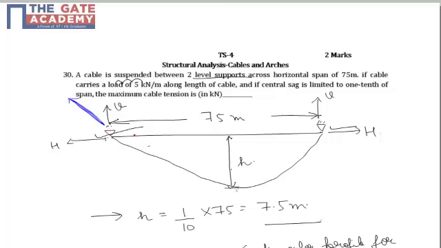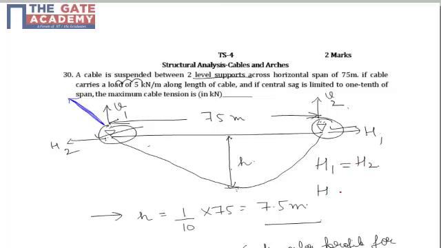Now if we talk about the free body diagram of this cable, there will be one vertical component and one horizontal component at each support, and because of symmetry, H1 will be equal to H2 and V1 will be equal to V2. So this is the first hint that we have got.